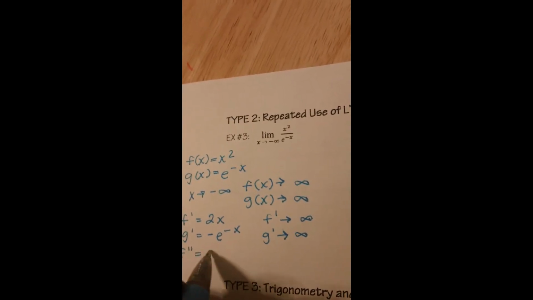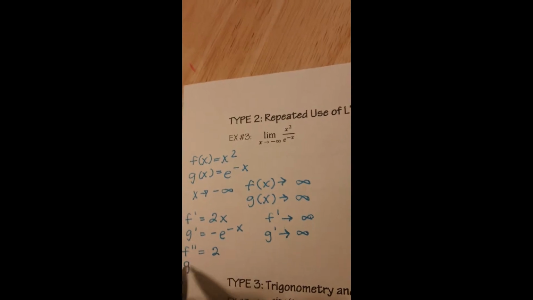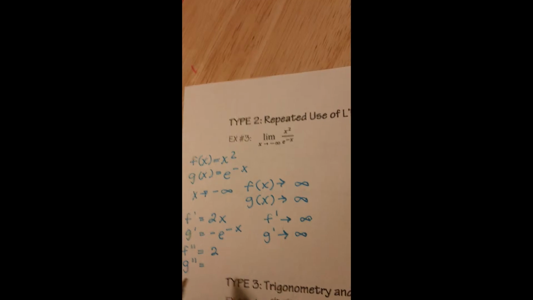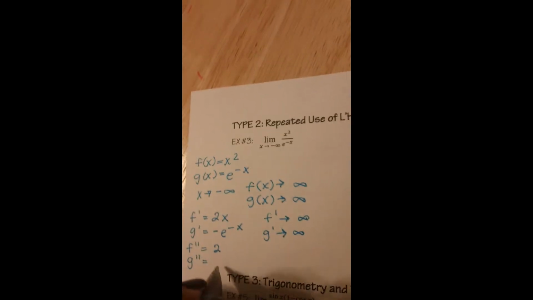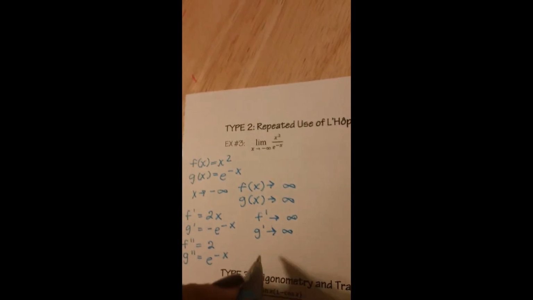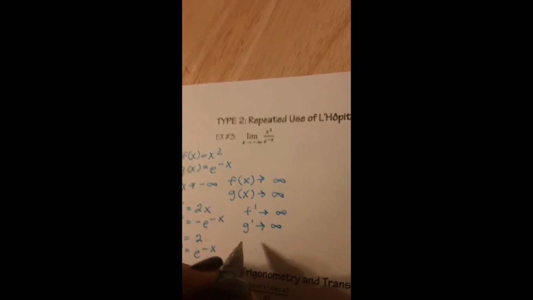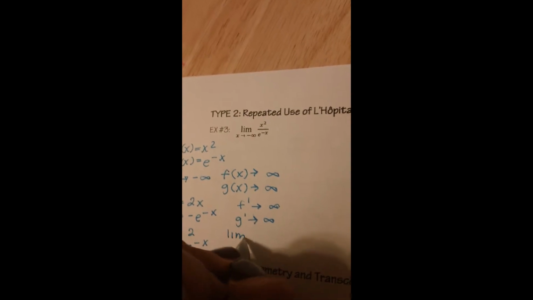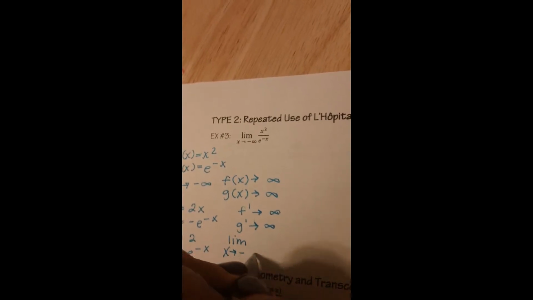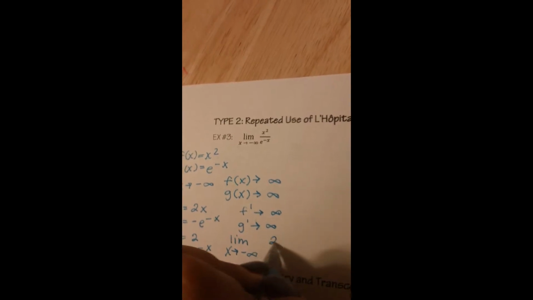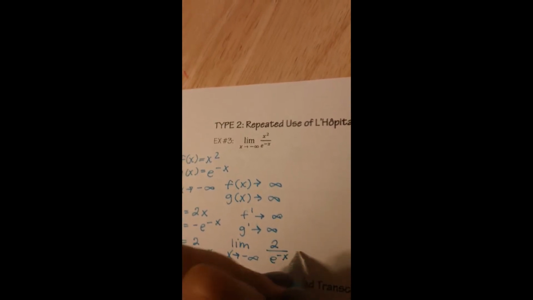So the second derivative of f will be 2. The second derivative of g would be e to the negative x. And now if we take the limit of these functions as x approaches negative infinity, that one's just a constant, so we have 2 over e to the negative x.